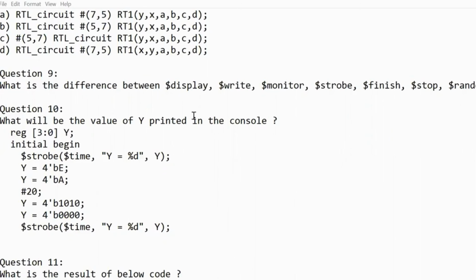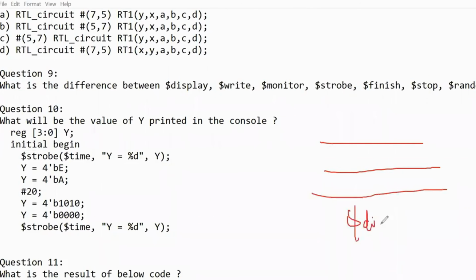$display is nothing but it will display the immediate value. Immediate value in the sense, suppose I am taking one display statement, second display statement, third display statement. After the third display statement, I am putting a $display. In this print statement, only this value will be printed. First two values will not print.